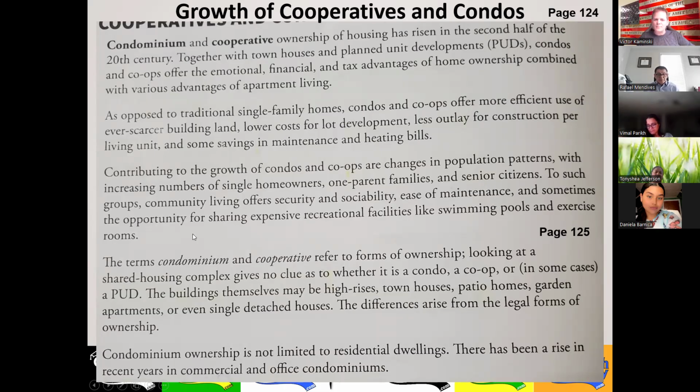And sometimes the opportunity for sharing expensive recreational facilities like swimming pools and exercise rooms, pool hall rooms, IMAX movie theaters, even in some of these condo complexes, a hall that you could rent out for parties, tennis courts.